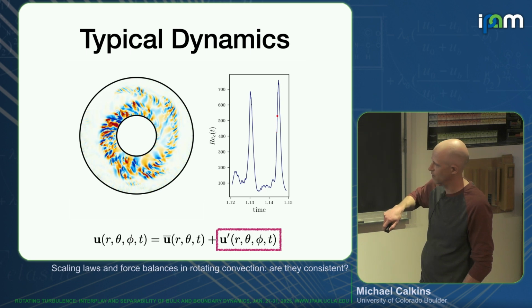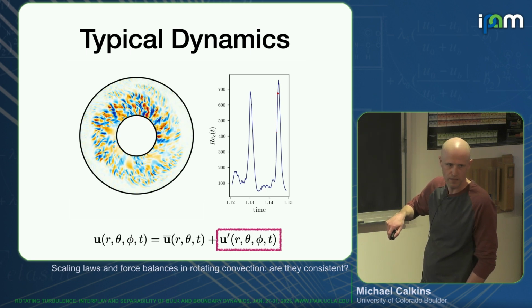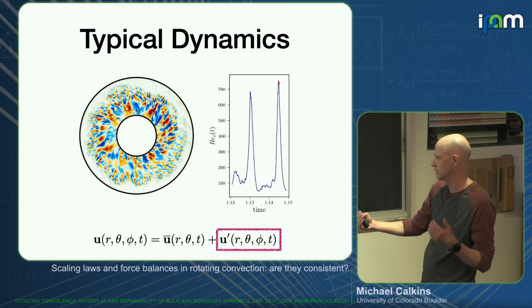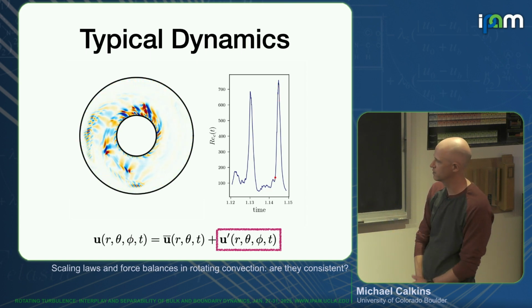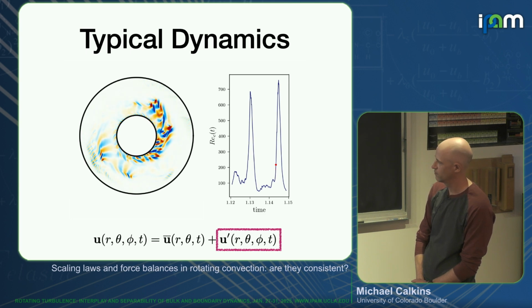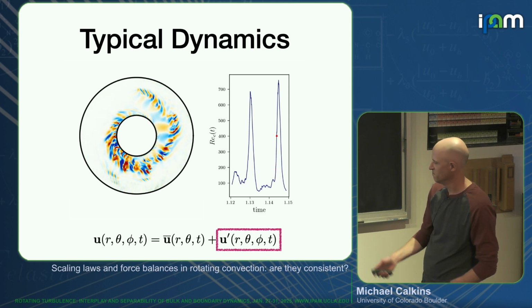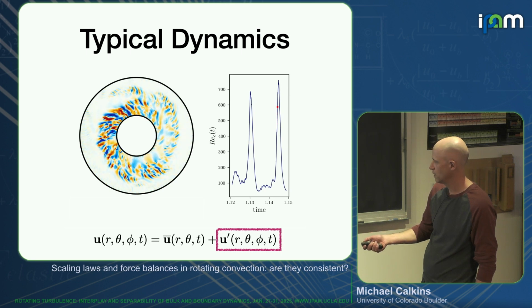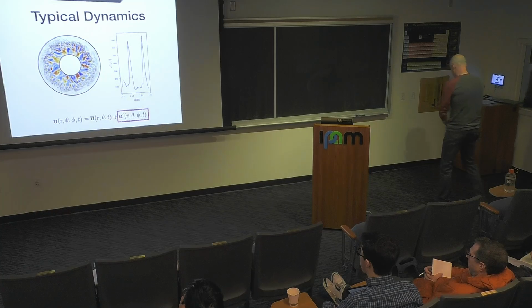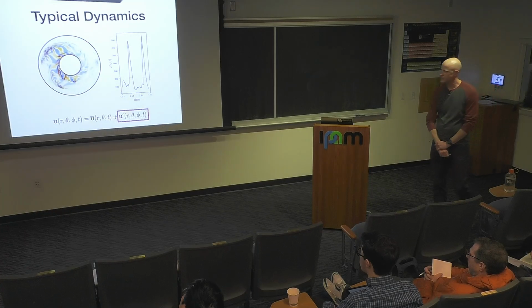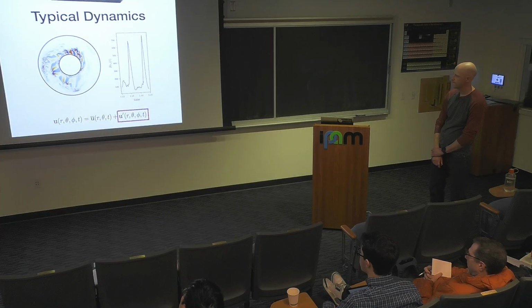You get these relaxation oscillation type dynamics in this system. You get a feedback between transfer of energy between the convection and the zonal flow. So, kind of dramatic behavior here. What's the reduced Rayleigh number for this case? I think it's 60, maybe? Yeah.